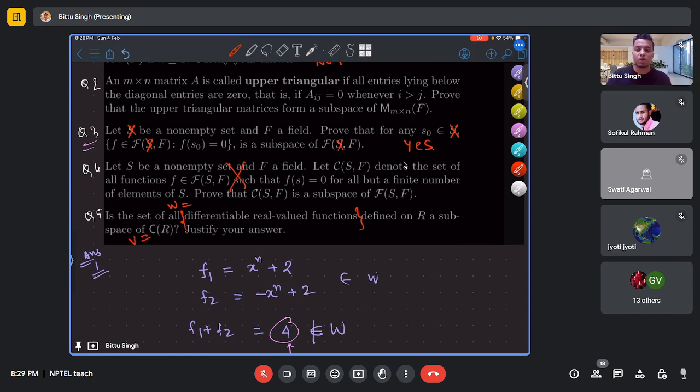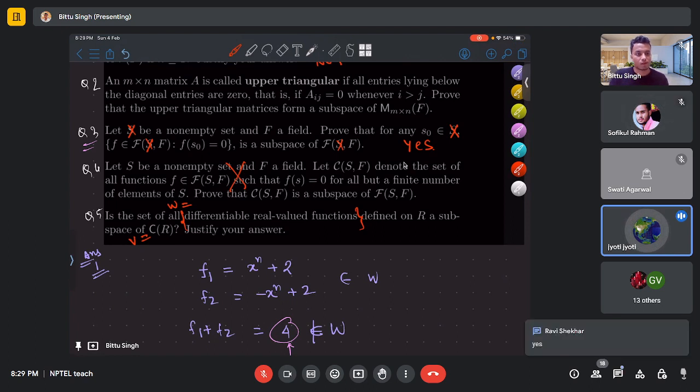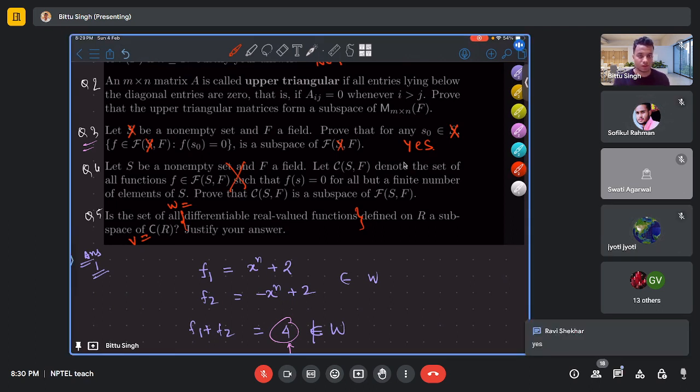If you add two differentiable functions, will it be differentiable? Yes, sir. Sum of two differentiable functions is again differentiable. And if you multiply with some scalar, suppose 2 or 3 or any scalar you take, will it be differentiable? Yes, sir.